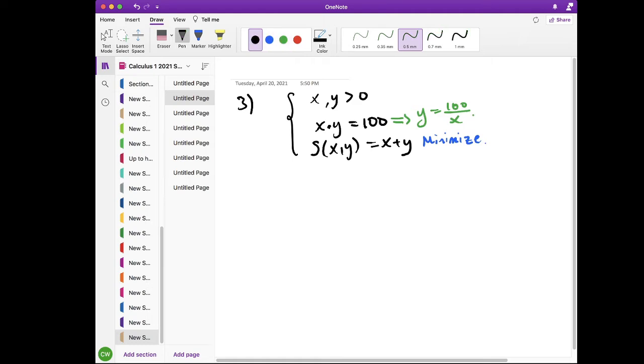So that makes s of x, y, we can turn that into s of x is equal to x plus 100 over x. So now we minimize this. Okay, how do you minimize it?